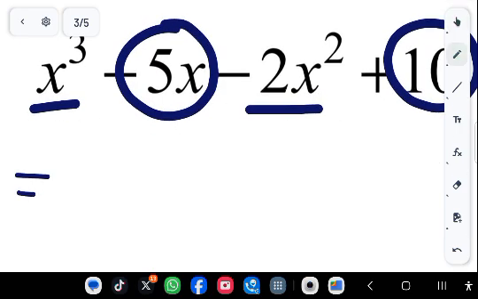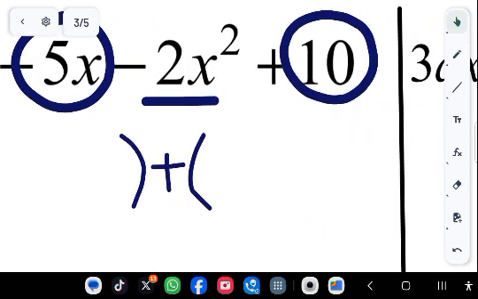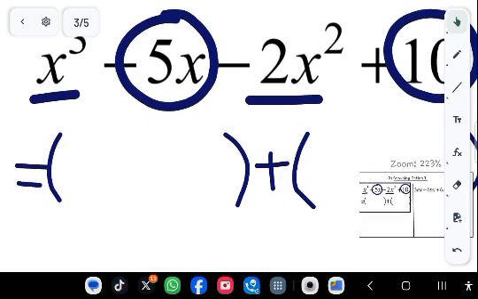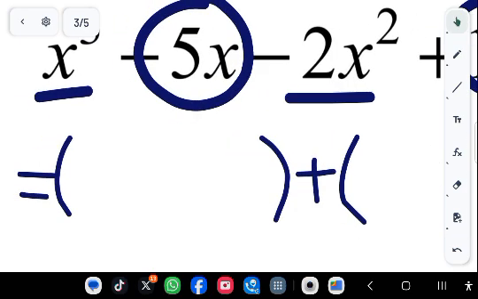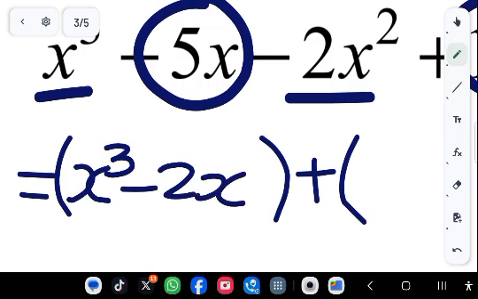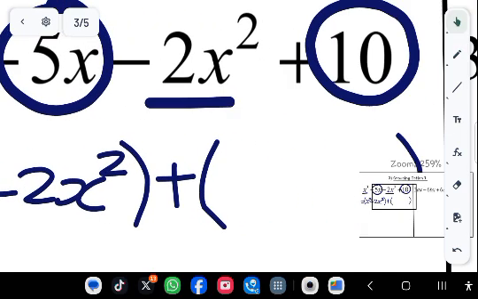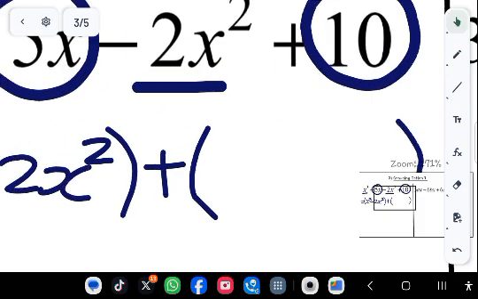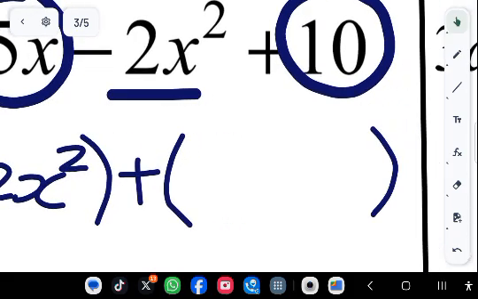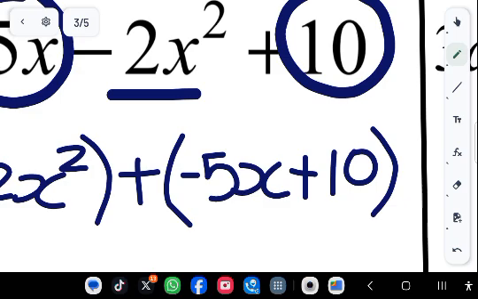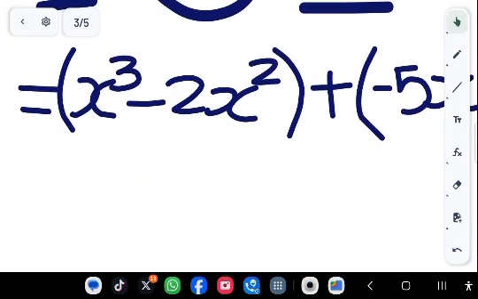So what we do by the method of grouping is that you create two brackets, and in these brackets you put the terms that have got common factors together. So it's easier for you to work this one. So in this one, we're going to put x cubed and minus 2x squared. And in this one, we're going to put minus 5x and 10 together.